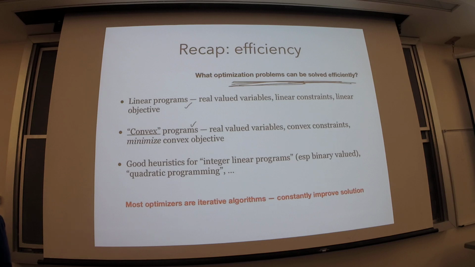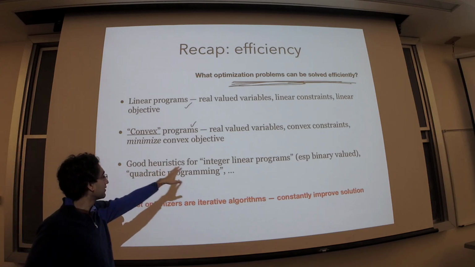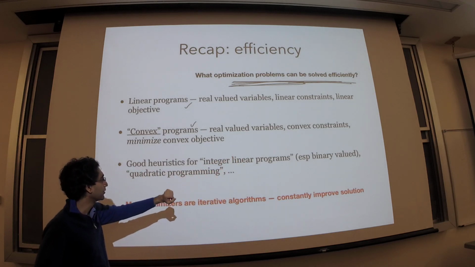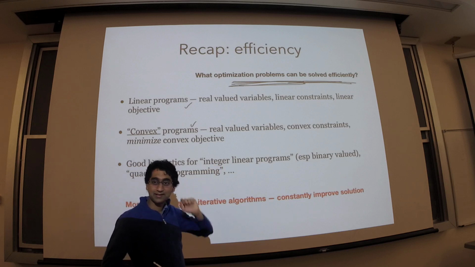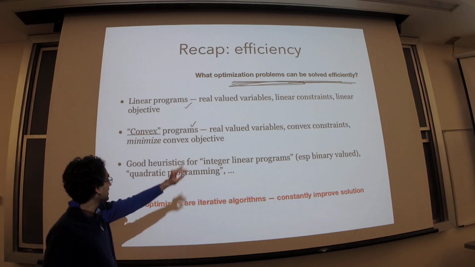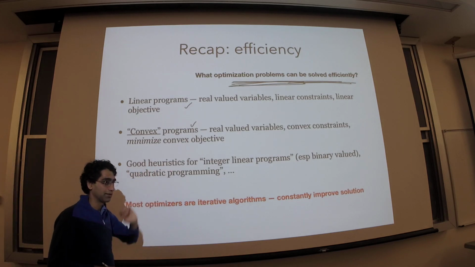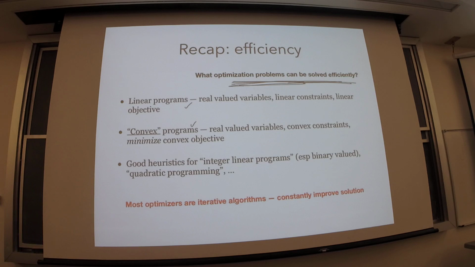There are a few other exceptions, but these are the big classes that we know do well. And like I was saying last time, problems like integer linear programs, which is what we've been doing for set cover, matching and so on, can also be solved fairly well. There are also some heuristics for quadratic programming and so on. So this is something about when you can actually solve these problems.